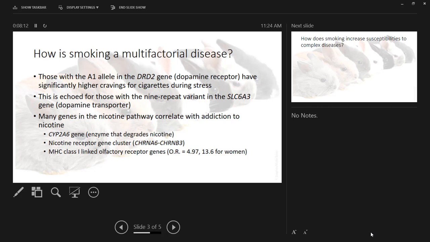Yeah, if they are physically linked, they do not assort independently, which means there's a specific allele for MHC class 1 that correlates very significantly with an increased addiction to nicotine. But again, it's not because of that specific allele, but because of a lack of independent assortment between this complex and these olfactory receptors.